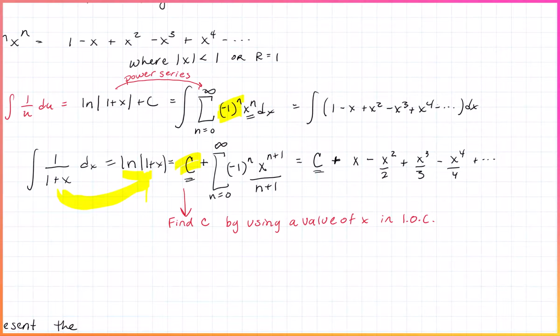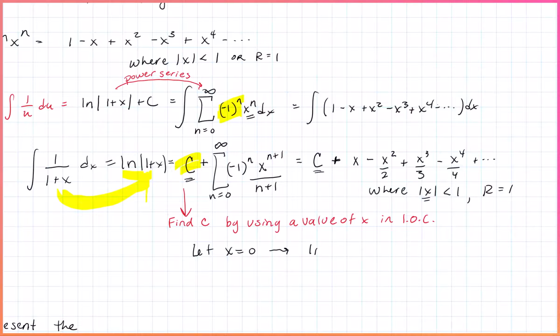Remember what we said at the beginning: the original function that we integrated will maintain its same radius of convergence when we integrate, and the radius of convergence was 1. So if we pick something that has an absolute value less than 1, let's let x equals 0, because that would be in the interval of convergence.